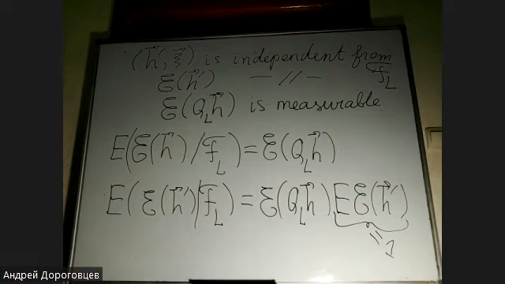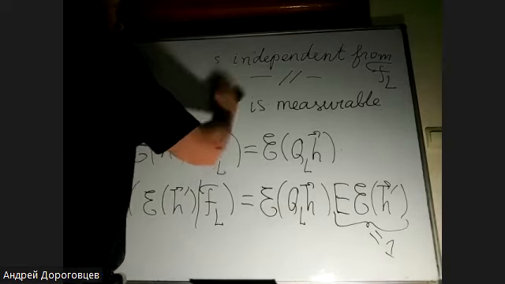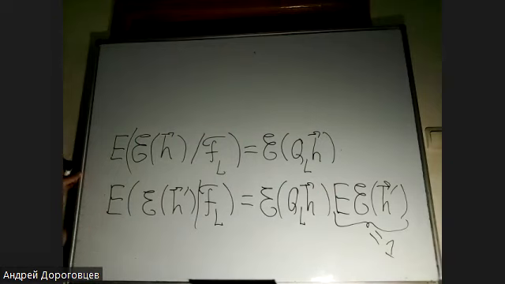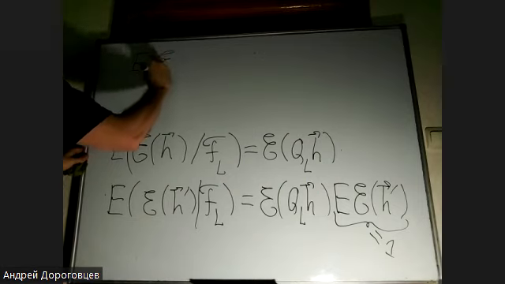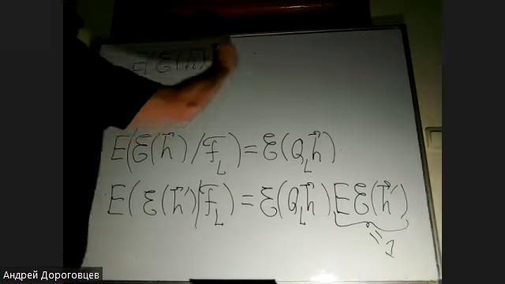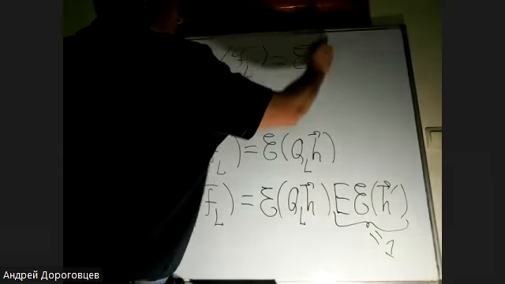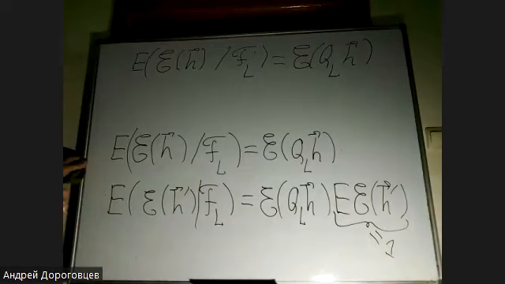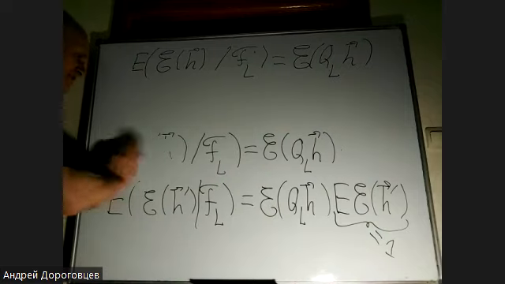So finally, we get the following nice formula about the conditional expectation of the stochastic exponent with respect to the sigma field generated by the linear subspace of our R^d. The conditional expectation of the exponent E(H) with respect to F_L is equal to the stochastic exponent based on the projection of our initial vector H onto our subspace L. So we have such a nice property for stochastic exponents.